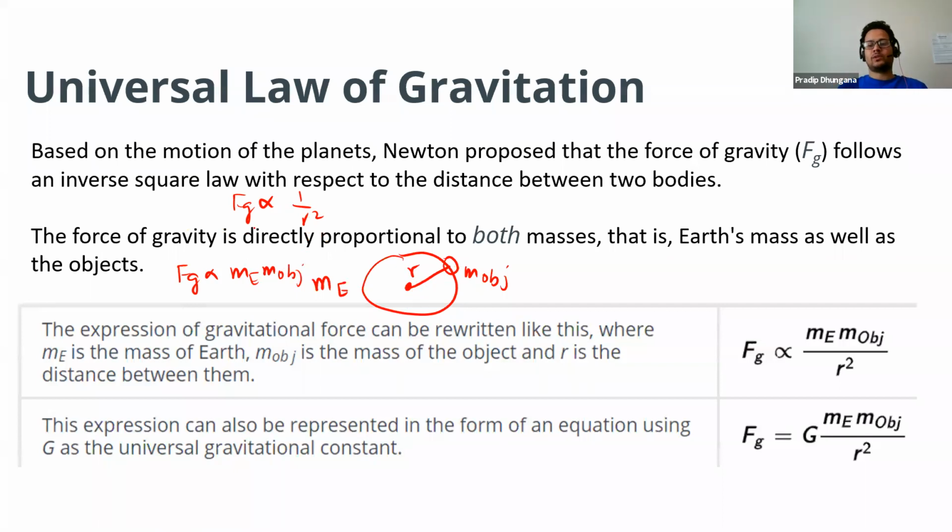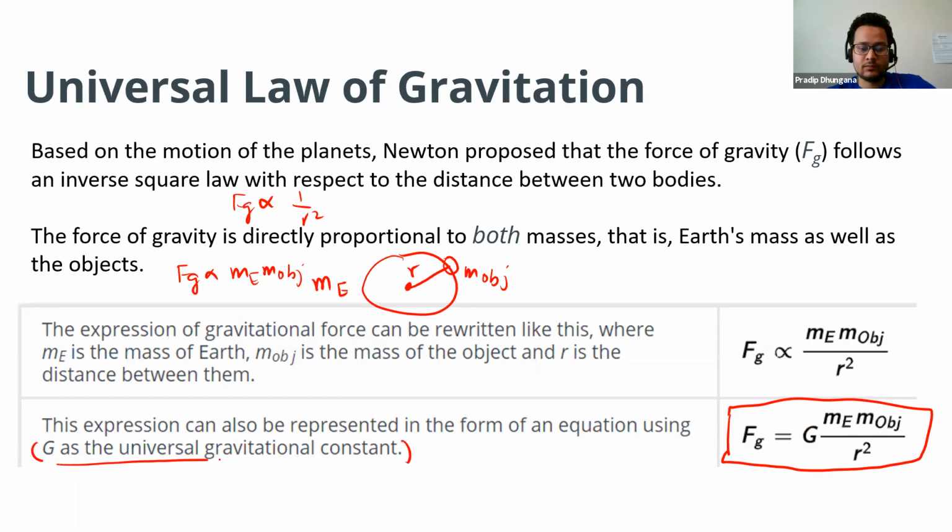If we combine those two relations, we get force of gravity equals capital G, the universal gravitational constant, times the product of the two masses over r squared.